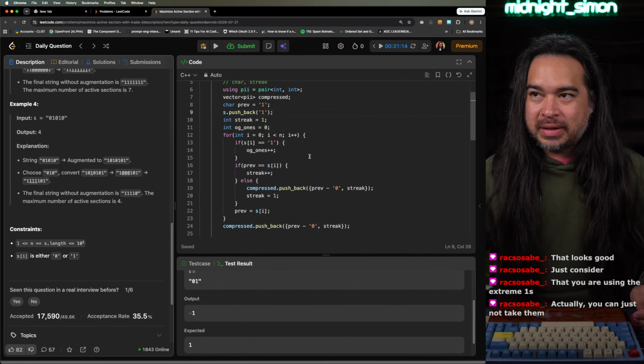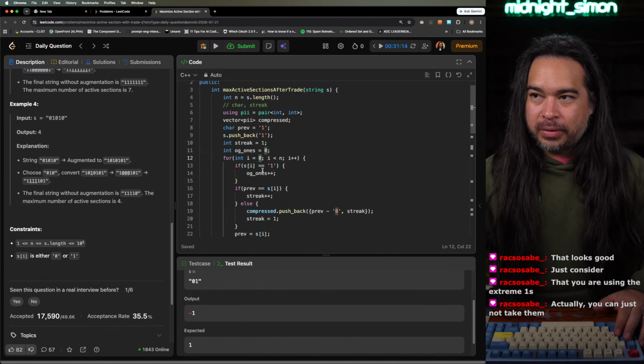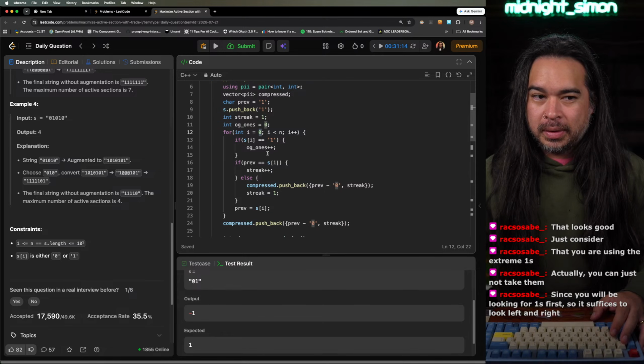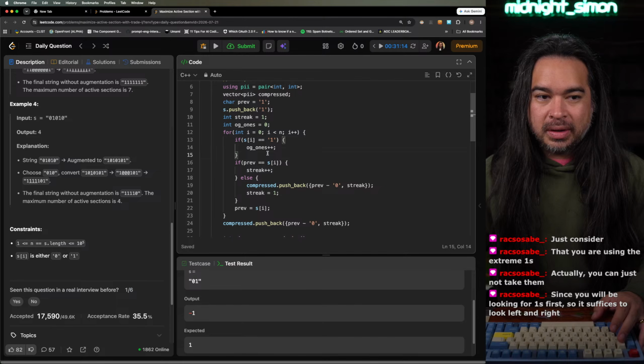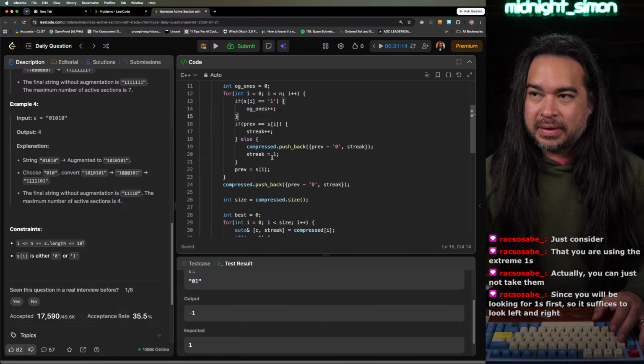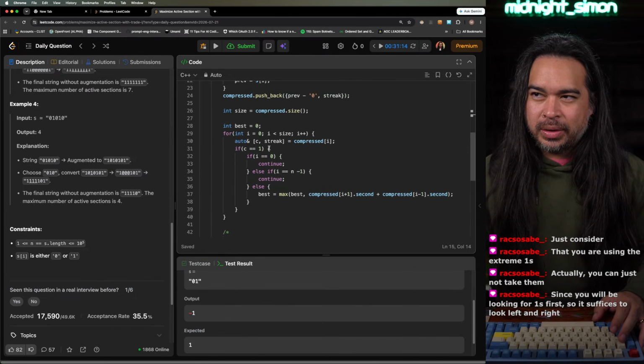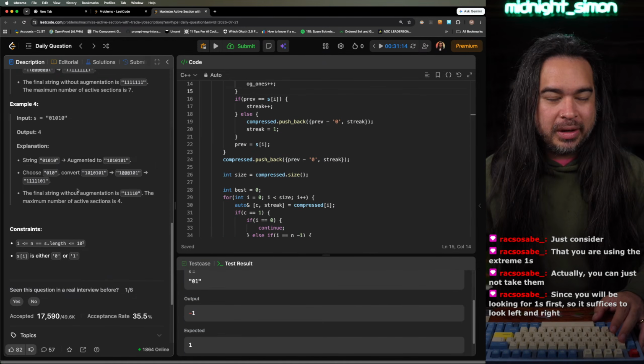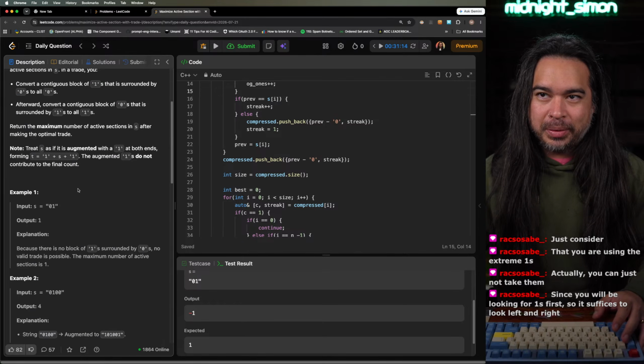Let's consider that, yeah, using these ones at the ends are kind of tripping me up a little bit. So right now, we are using them. But sometimes it says we shouldn't. You can just not take them? What do you mean? Since you'll be looking for ones first, let's look left and right. I don't quite understand what you're saying, but let me think a little bit more about what I'm trying to do.